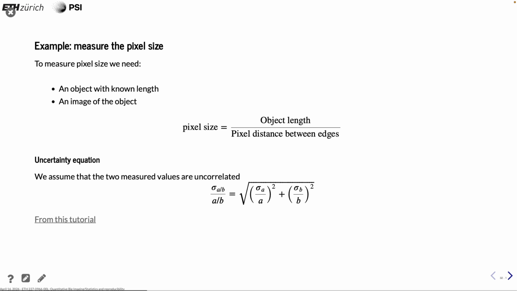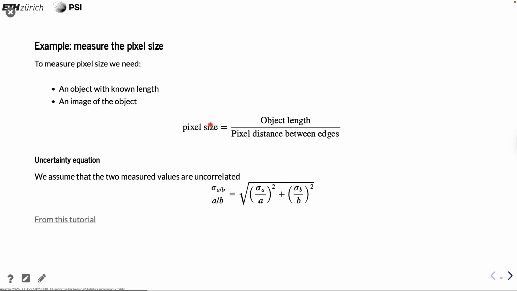So the first part is to measure the pixel size. We need two things: an object with known length, and an image of that object. In some cases, you just get this pixel size number straight from the literature or from the manual. But in other cases, when you have an optical bench where you set the field of view between experiments, this is a very important step.